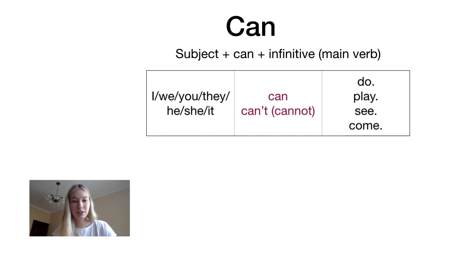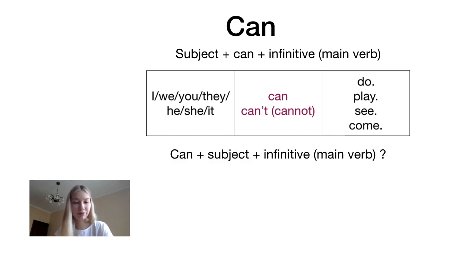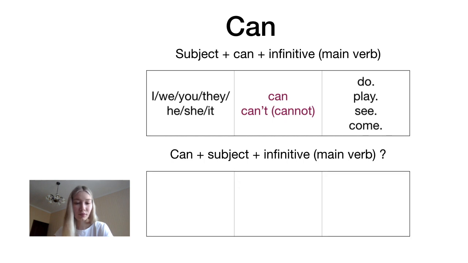Okay, and now here we have a little scheme. Subject plus can plus infinitive or main verb. And now let's have a look. Here we have can plus subject plus infinitive or main verb and the question mark. So now please try to guess what is the order of the interrogative sentence.